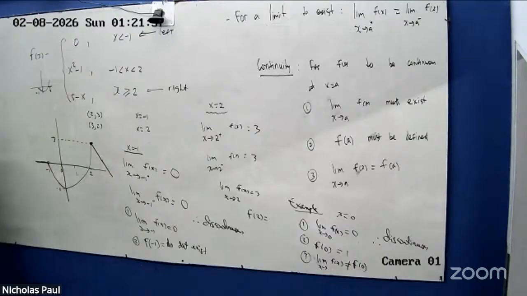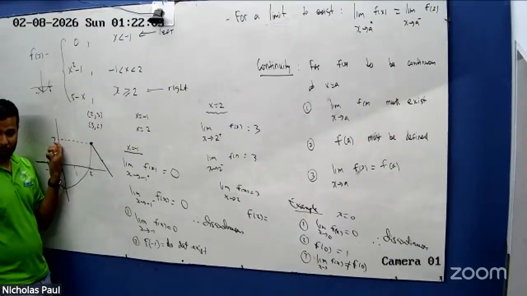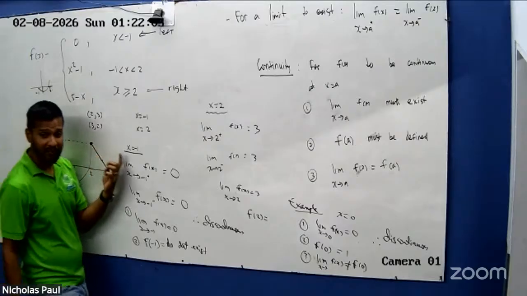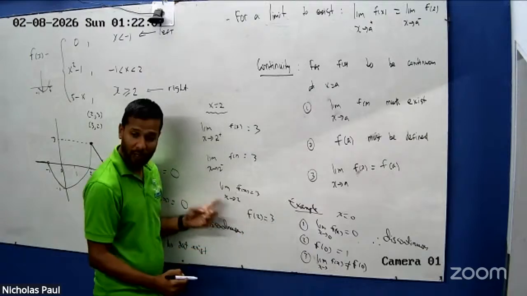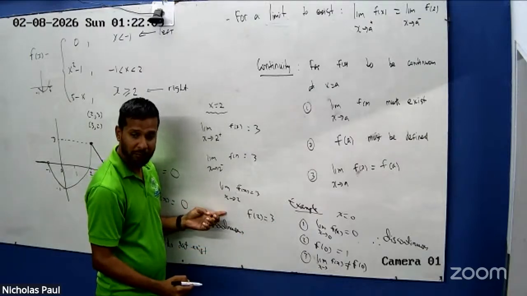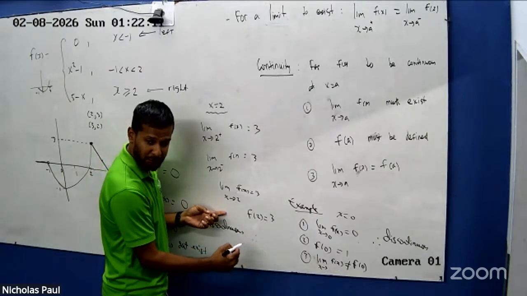Alyssa, what is f of 2? F of 2 is 3. Solid, right? So it is defined. Are they equal? So therefore it is continuous.